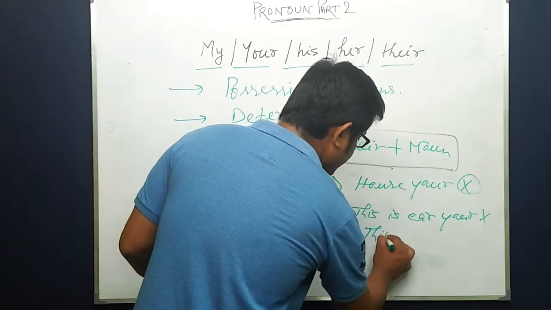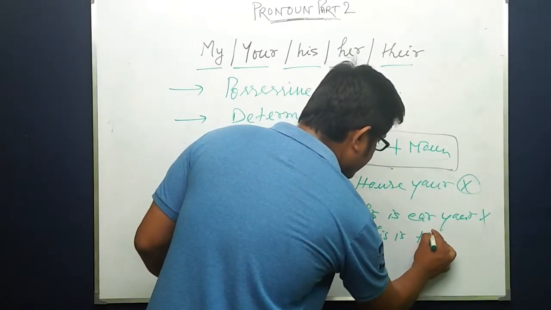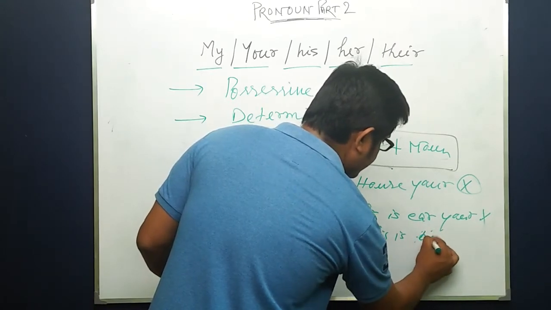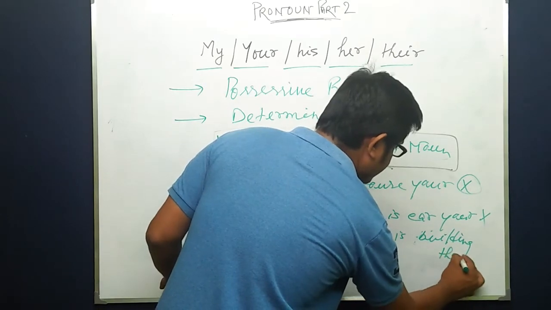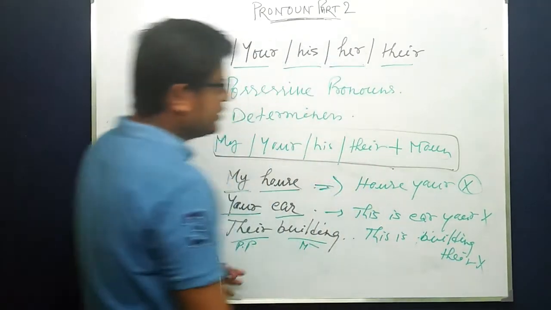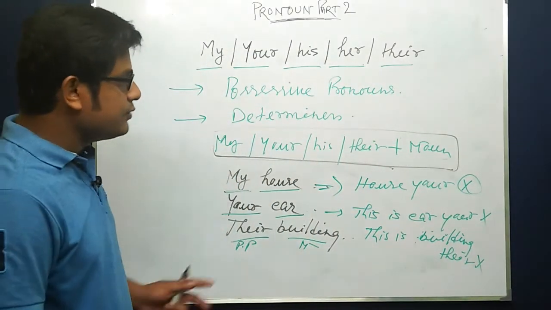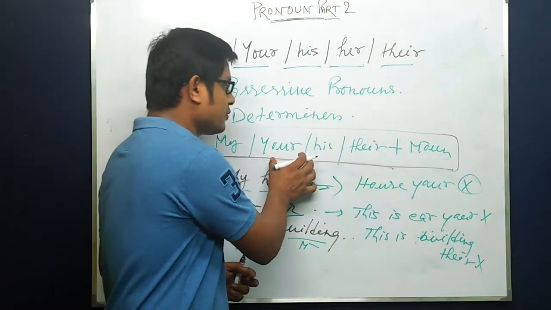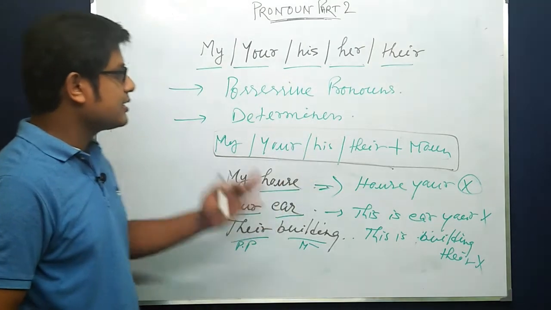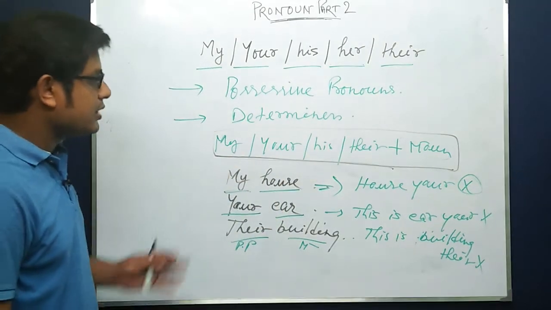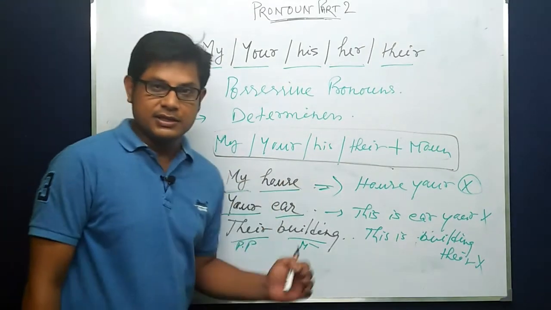Or if you write this is building there, again it is wrong. That means never use a noun before any possessive pronoun. Those are determiners. So my, your, his, their, or her, whatever you use, obviously use a noun after it.